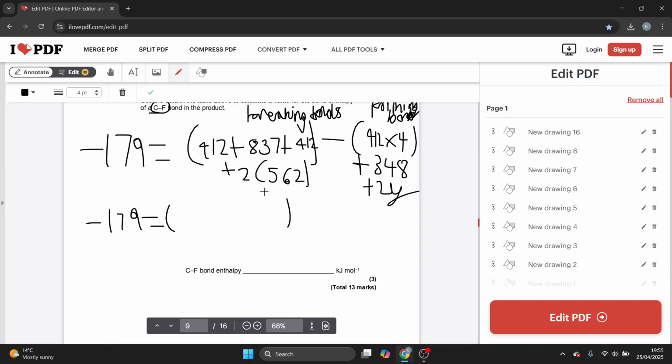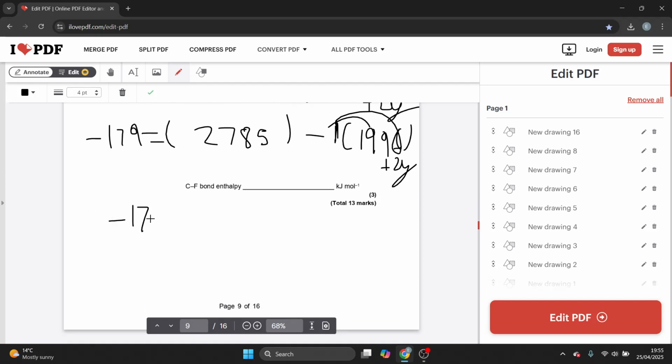So 412 plus 837 plus 412 plus 562 plus 562 is 2785. Minus 412 times 4 plus 348, which gives 1996, plus 2y. Then I treat this as an imaginary 1 here and just multiply it out.